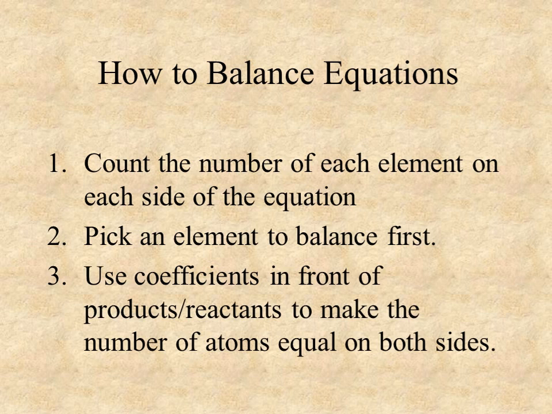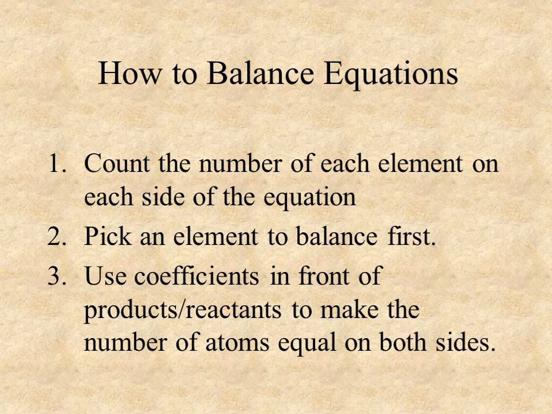And how we go about balancing is we examine how many we have on each side, and whichever side needs more of that element, we would use a whole number coefficient in front of that entire formula so that the total number of that particular element is equal on both sides.